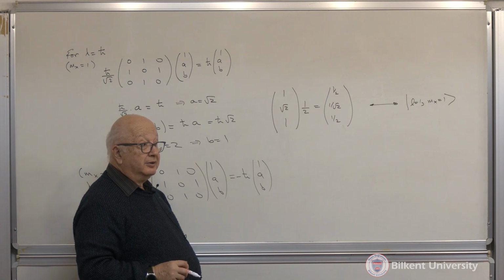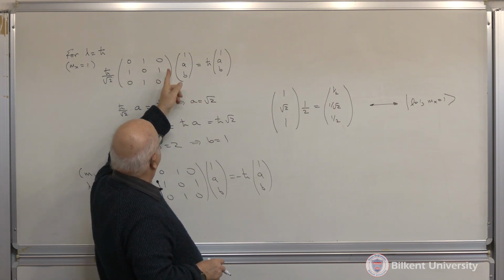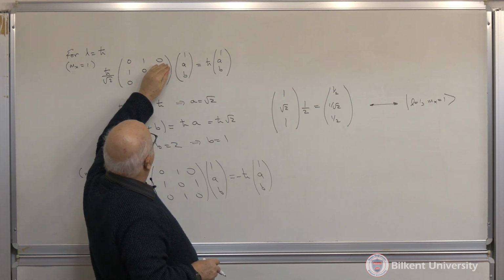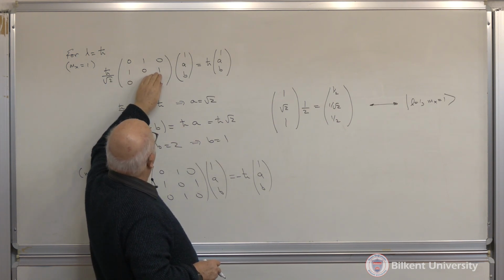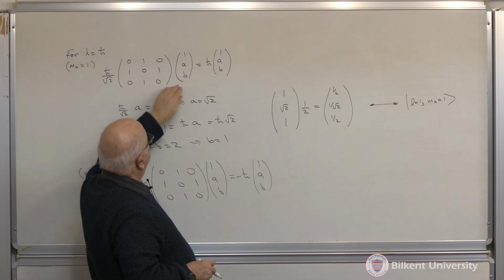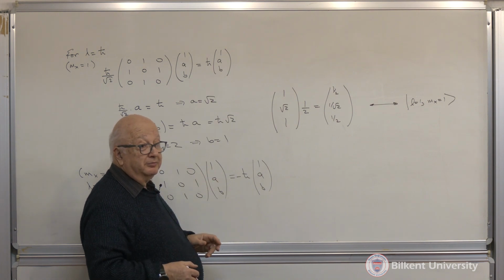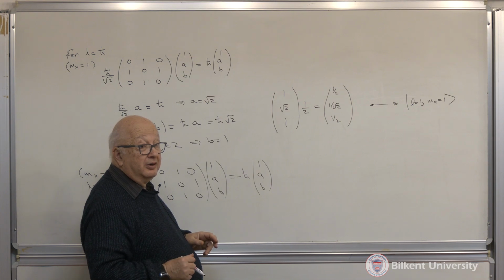Can you repeat the question? When I find the A and the B, I use the first line of this matrix equation. Then I use the second line, and I never worry about the third line. Why do I not worry about the third line? The third line is the same as the first one? Yes, well, it is not linearly independent.